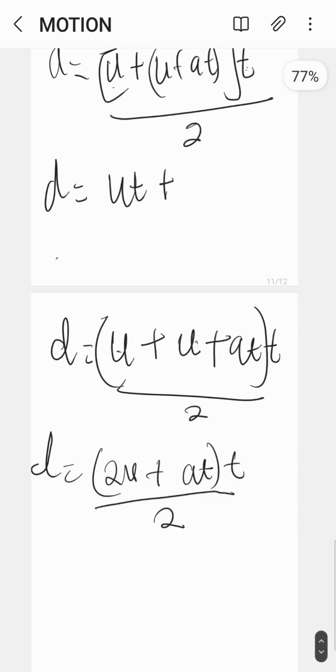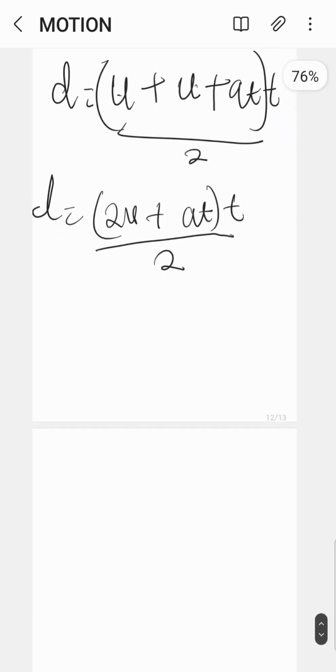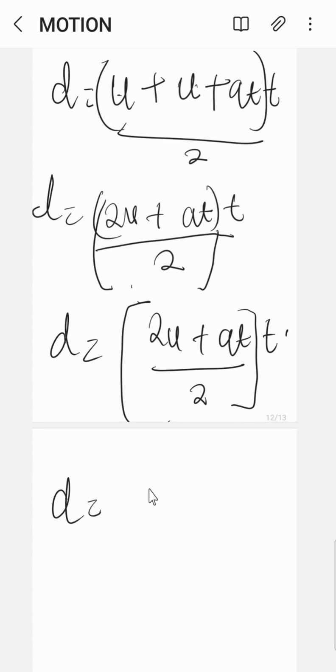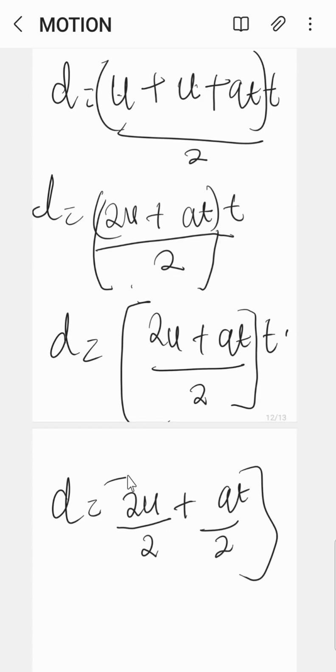Actually, this whole 2 is divided into one thing. So you have d is equal to 2u plus at, over 2, then multiplied by t. You can rewrite this, or you can go directly and multiply. Mathematically, this is the same as 2u over 2 plus at over 2, multiplied by t.